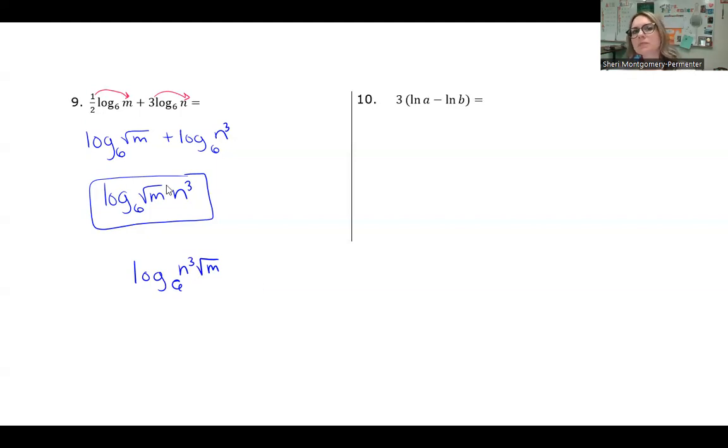However, if you were sloppy, it could look like it's going over the N. So sometimes this might be written in the front as a coefficient. For the next problem, there is a 3 outside. It needs to distribute into both pieces.